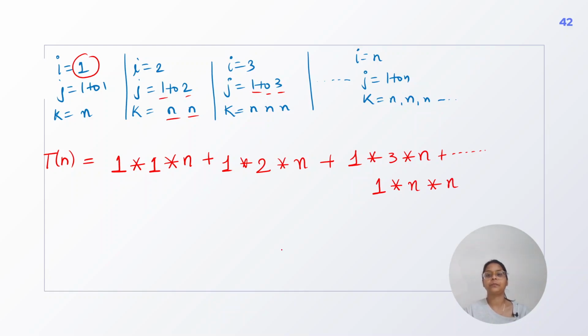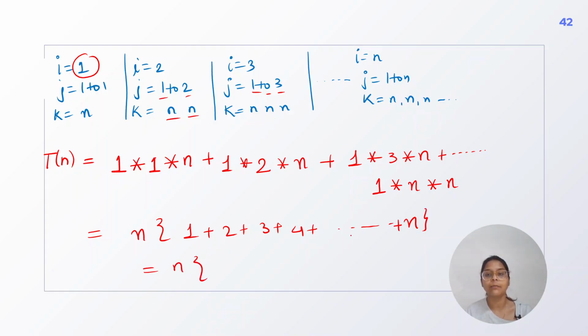Now, just take n out of all these terms, which is 1 plus 2 plus 3 plus 4 till n. As you can see, this is the sum of n natural numbers. What is this? Sum of n natural numbers. And what is the formula for this?